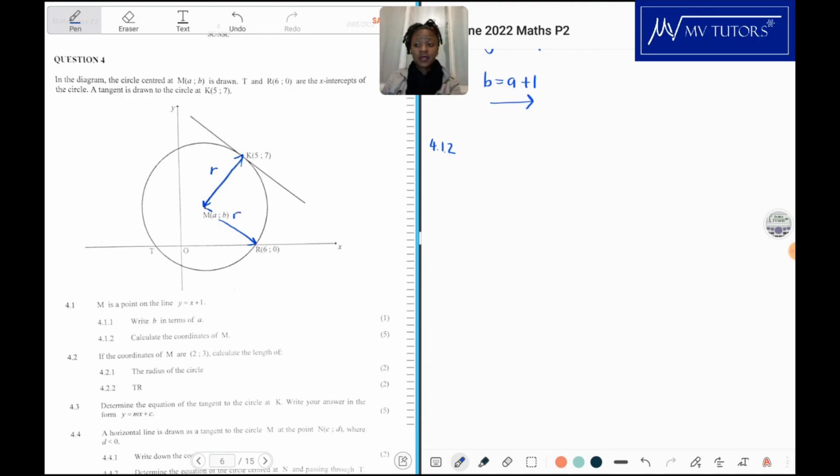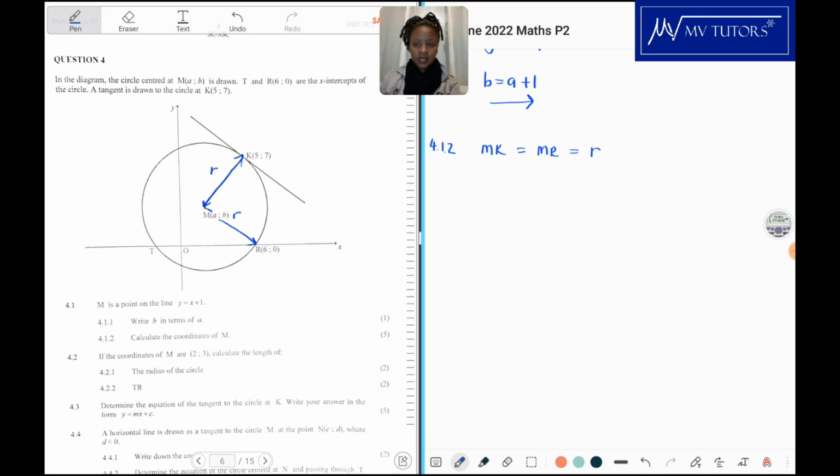I'm pointing it out because those are my only known points that I can use to make sense of how to get the coordinates of M. And so I know that the radius is equal to the radius. The radius is the same. So then what I'm trying to say is the distance of MK is equal to the distance of MR, which is basically the radius of the circle. So if I can just get the distance, then I can do something.